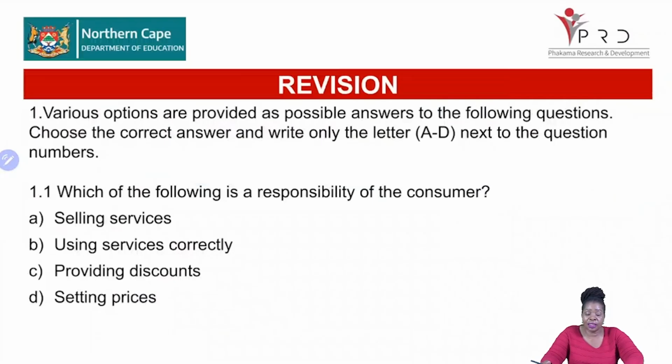Choose the correct answer and write only the letter A to D next to the question number. So let's read 1.1: which of the following is the responsibility of the consumer? A, selling services. B, using services correctly. C, providing discounts. And D, setting prices. Let's answer 1.1, then we move on to the next question.